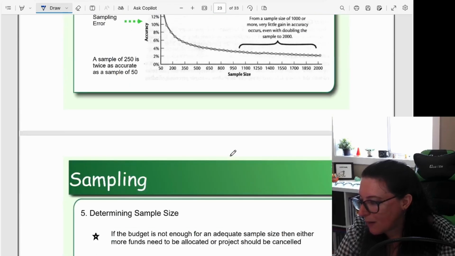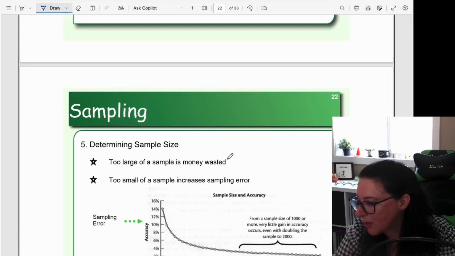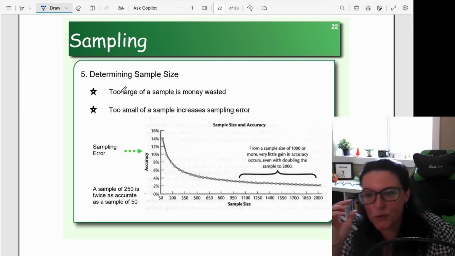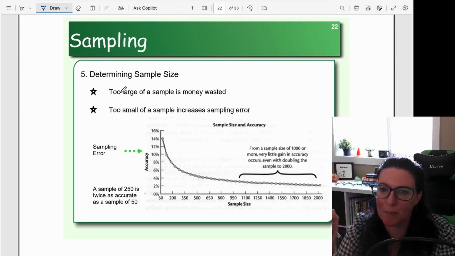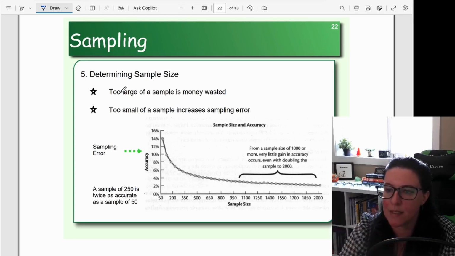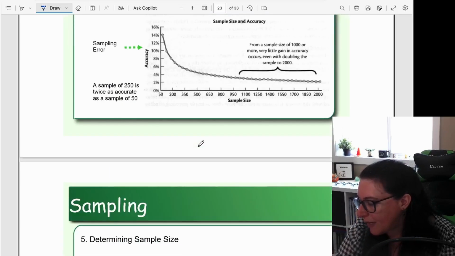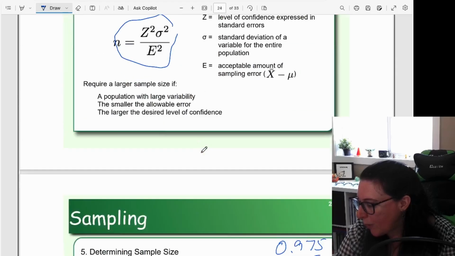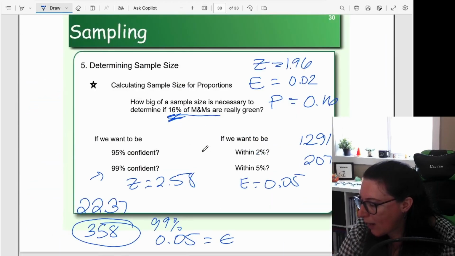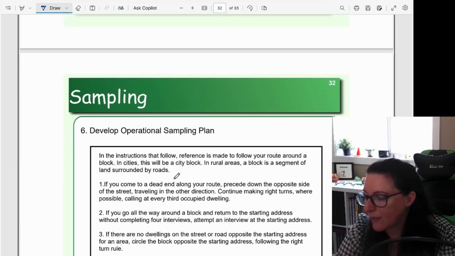And we use our sample size calculation to determine that sample size so that we haven't gotten too big a sample so that we're wasting money, and it's not too small of a sample so that it doesn't represent the population of interest. So we have done our calculation, we've figured out the amount, and so now we are basically giving the instructions.